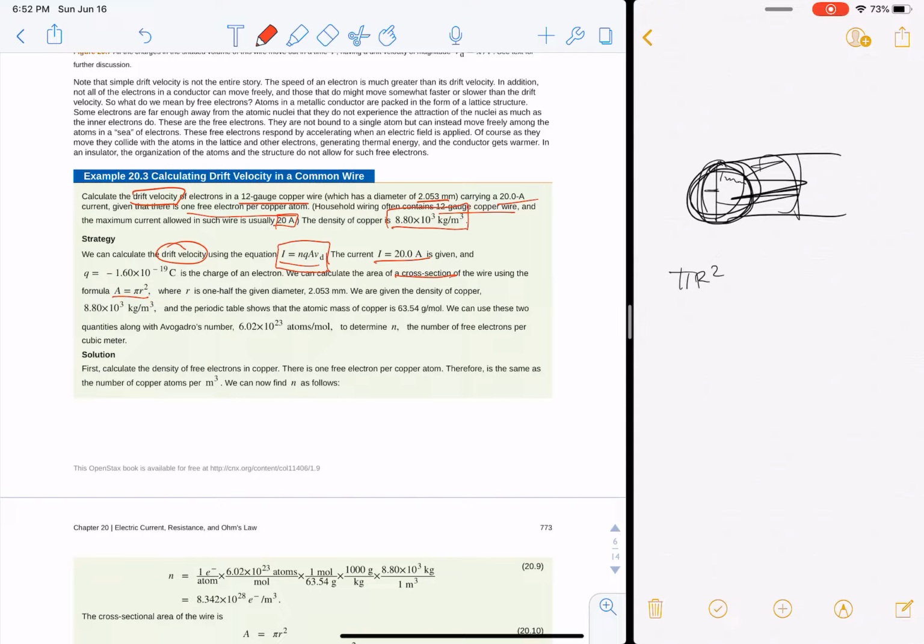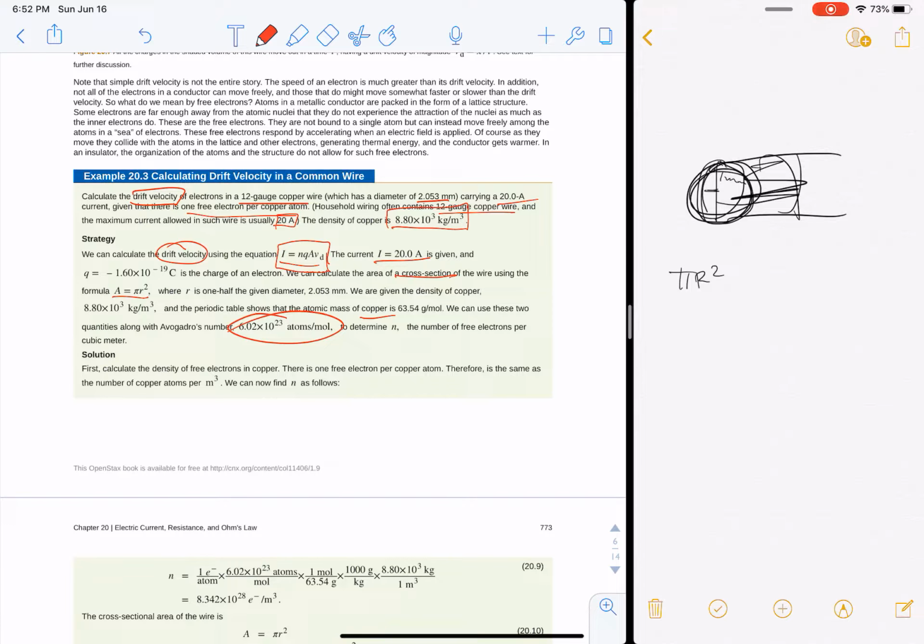We have to use Avogadro's number and the molar mass of copper to figure out the number density of the free electrons, the plum pudding idea. That gives you the number of free electrons per cubic meter.